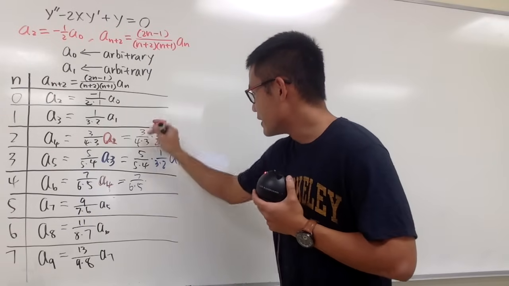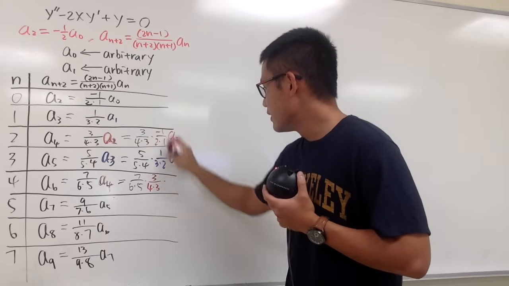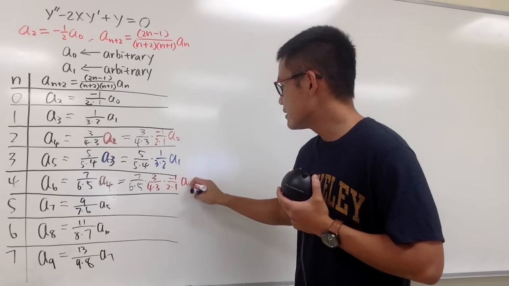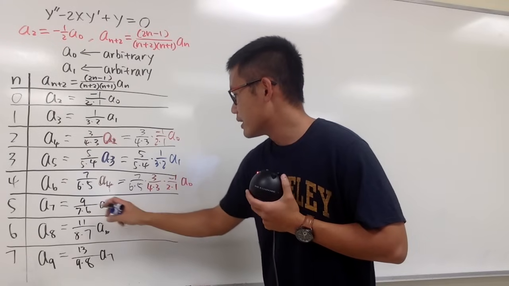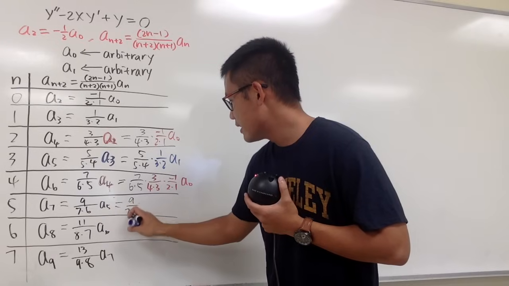Okay, so be patient. This right here, 3 over 4 times 3, and then times negative 1 over 2 times 1, and then this is a0. And next one, we have a7, which is based on a5, but let me write down the 9 over 7 times 6.